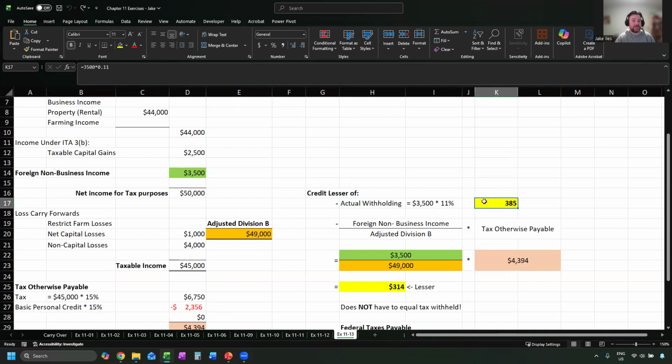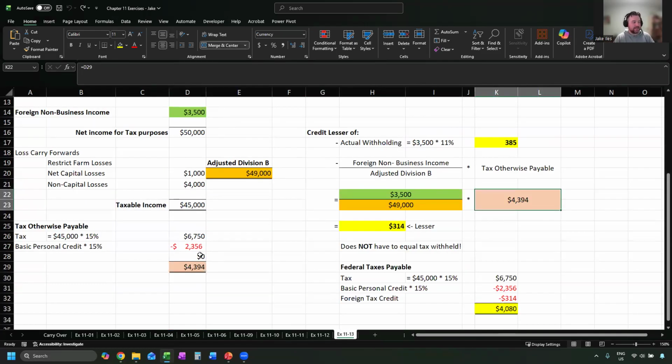We'd like to be able to claim that much, but we have to take the lesser of what we actually paid and our portion of our adjusted Division B income that relates to that non-business times the taxes we would have paid. So this calculates that related to the foreign non-business income and what we owe Canada, $314 relates to that foreign income.